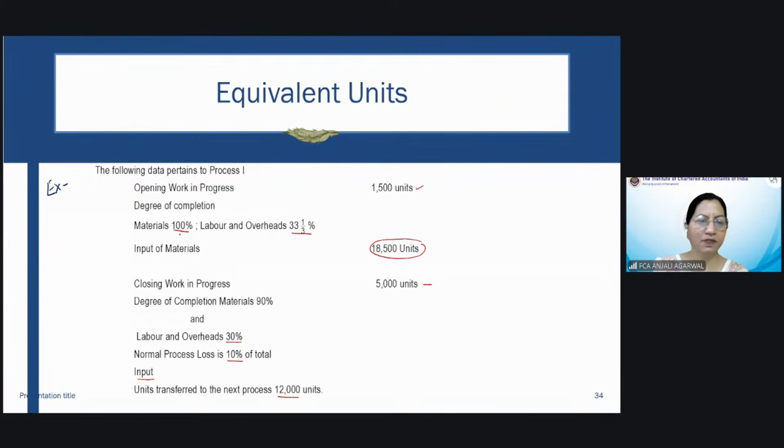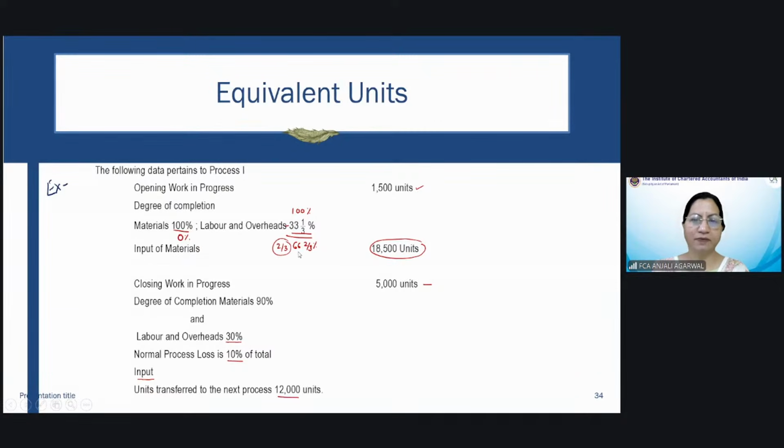So already 100% complete, 100 minus 100, now 0%. Since labor and overheads were already 1/3 complete, now 100 minus 33, so now 66, 2 by 3. Generally, don't take 33, 1 by 3 or 66, 2 by 3%. When you get this percent, take it as 1/3. So 2/3 you need to work again.